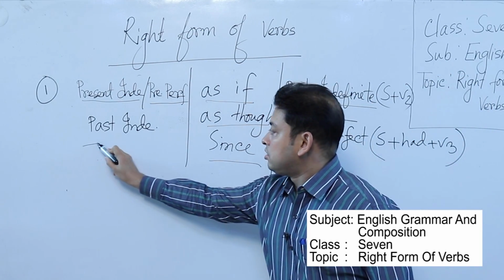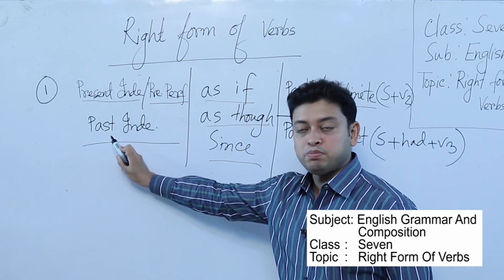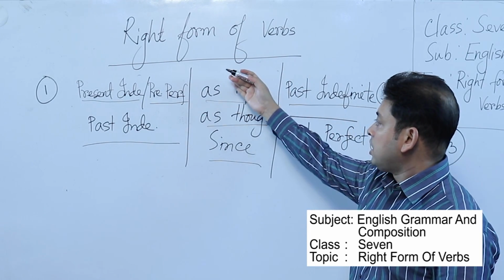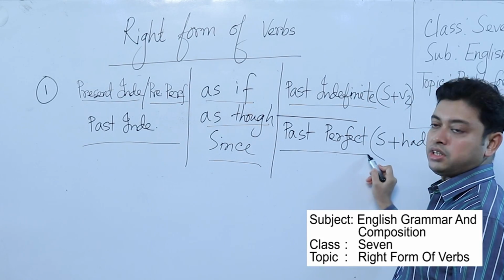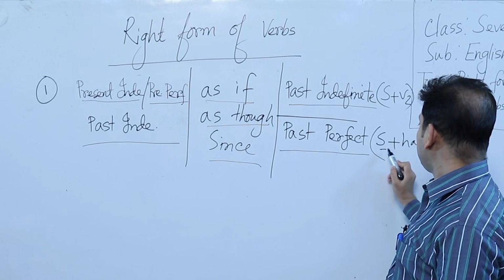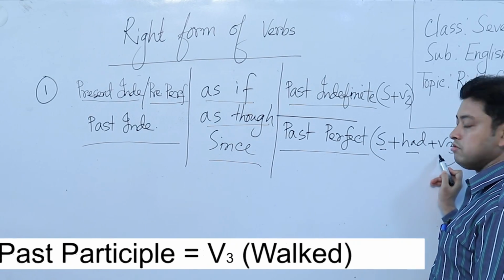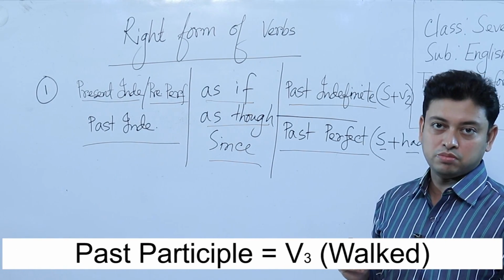If the first clause is past indefinite and as if or as though or since is there, then it will follow past perfect tense. That means subject plus had plus V3, the past participle form.